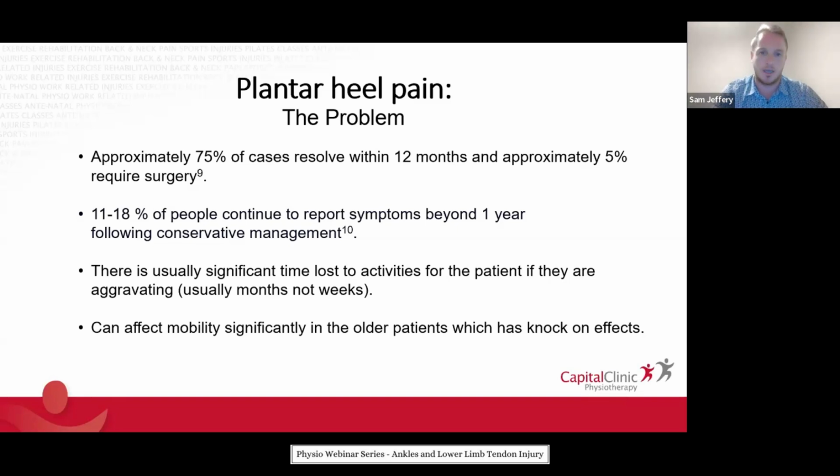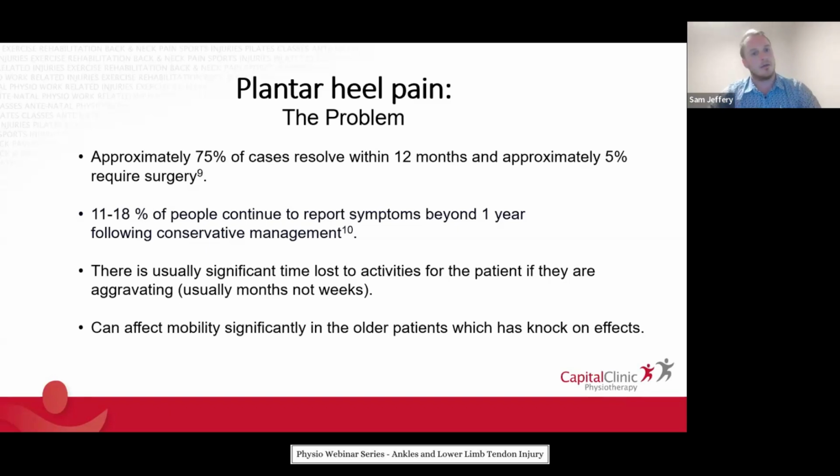Most people will be like, oh yeah, my uncle said it takes a year, so I'll just wait it out. And realistically, it's not a good strategy, and we need to be good at advising and educating patients on what we can actually do in terms of intervention, whether that be physiotherapy or podiatry or inserts into shoes. I'll talk through some of these, but there are definitely things we can do to address that.